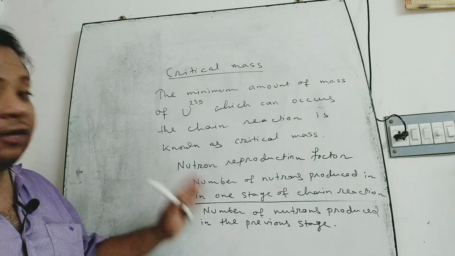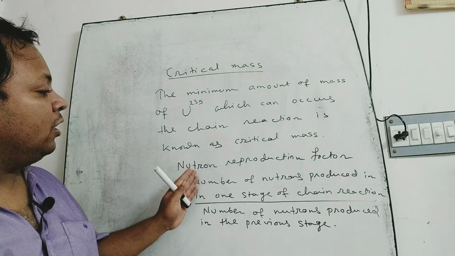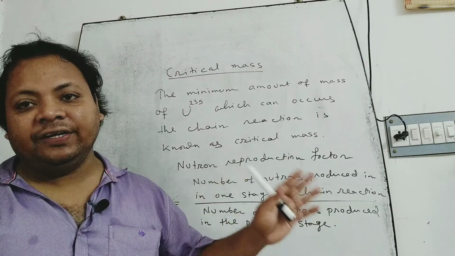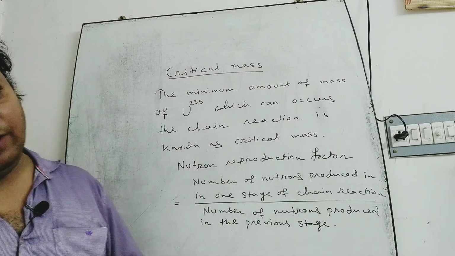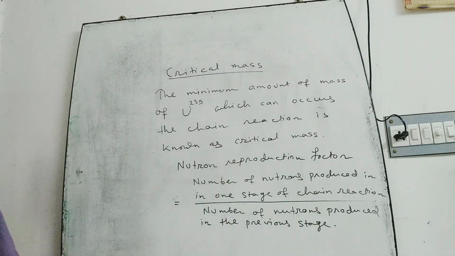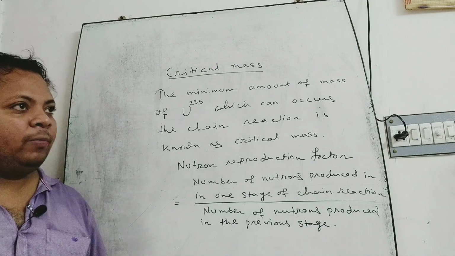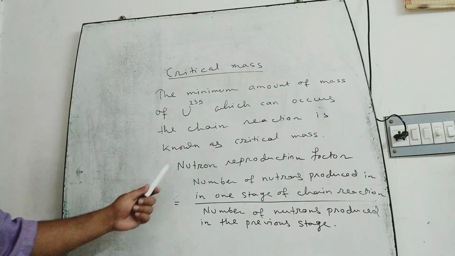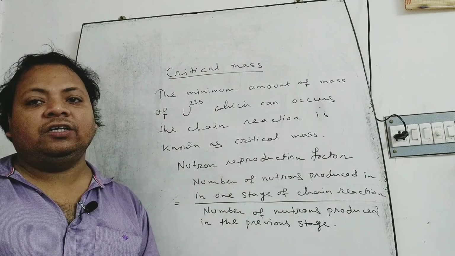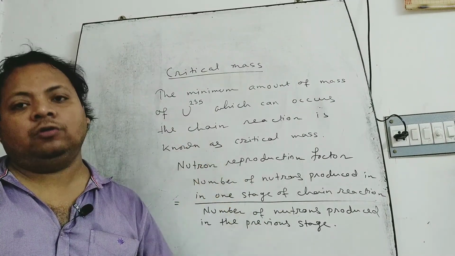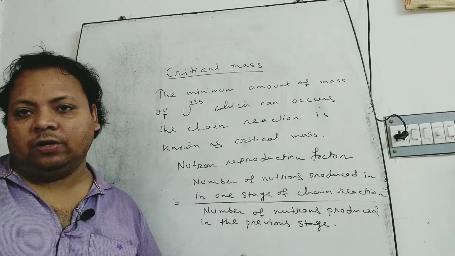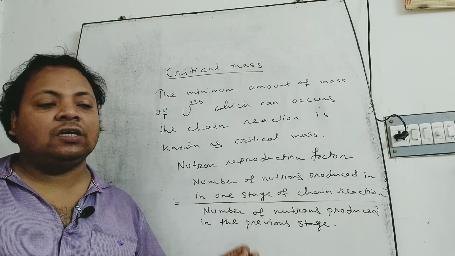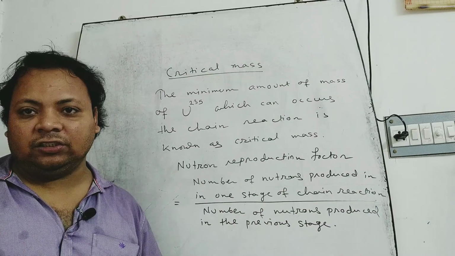In an atom bomb, the neutron reproduction factor is greater than 2.5. That's why it is an uncontrolled chain reaction. But in a nuclear reactor, the neutron reproduction factor is equal to 1 or slightly more than 1. That's why it is a controlled chain reaction.